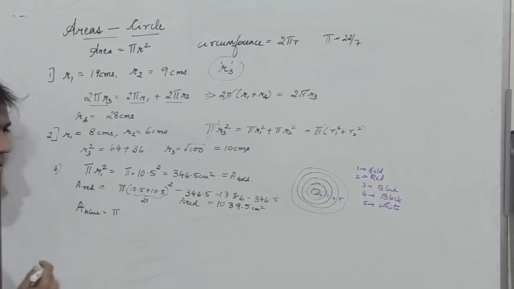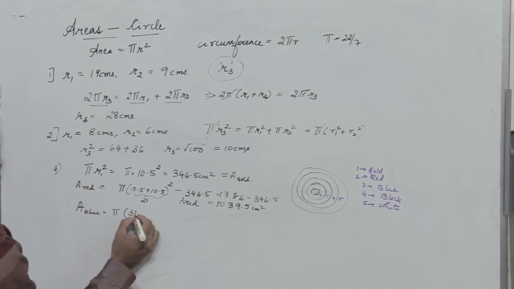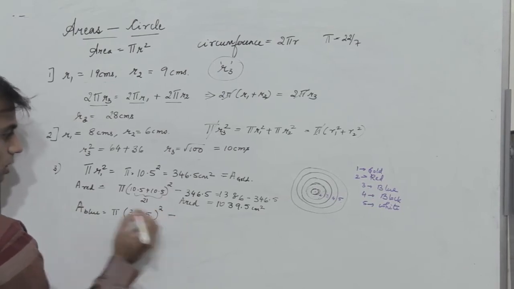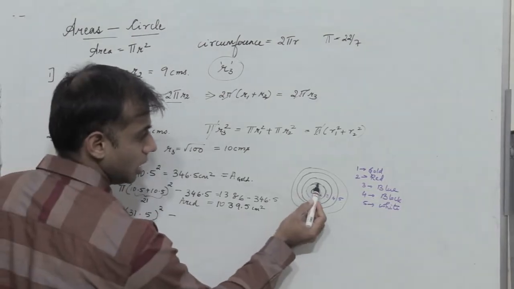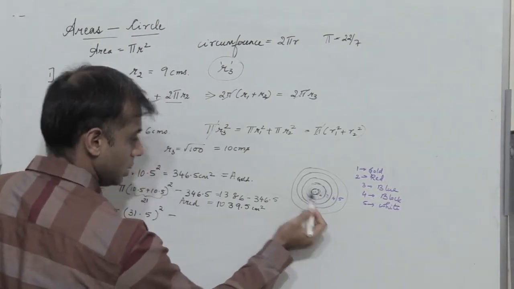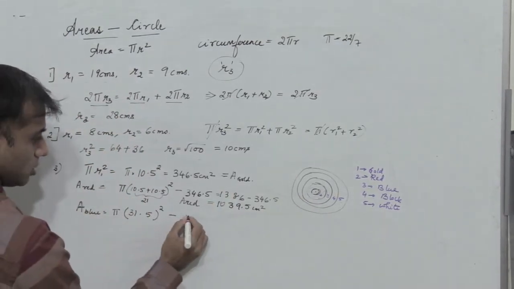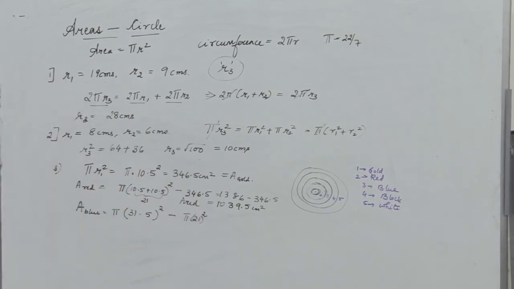So 21 plus 10.5 will give me 31.5, the whole square, minus the entire area, which includes the area of gold plus the area of red, which is this. So pi into 21 the whole square. So that gives us the area of the blue region.